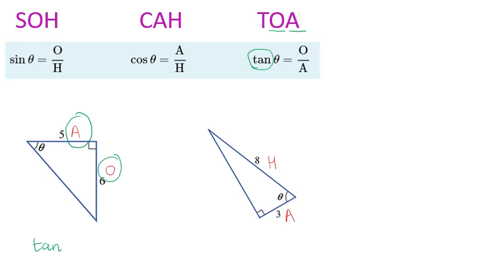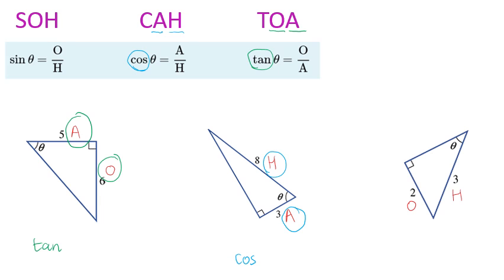Our next triangle, it has an A and an H. So which of these has an A and an H in it? SO doesn't, CA does. So this triangle is going to be cos. And our last triangle here, it's got an O and an H. So SO has O and an H. So this triangle will be sine.